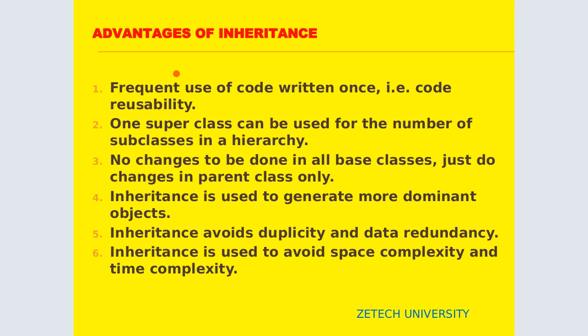So with this statement that inheritance is used to avoid space complexity and time complexity, we are referring to the fact that a program written in C++ with inheritance uses small space in terms of RAM and is executed at a faster speed by the central processing unit.